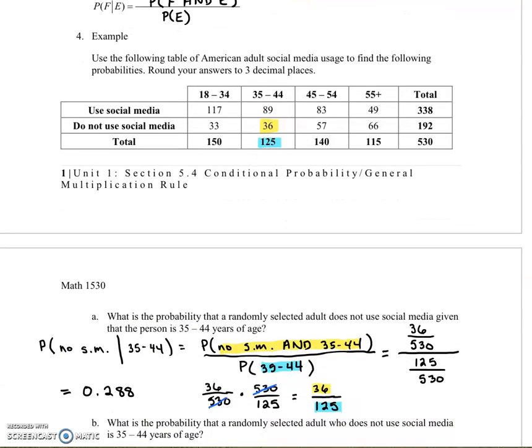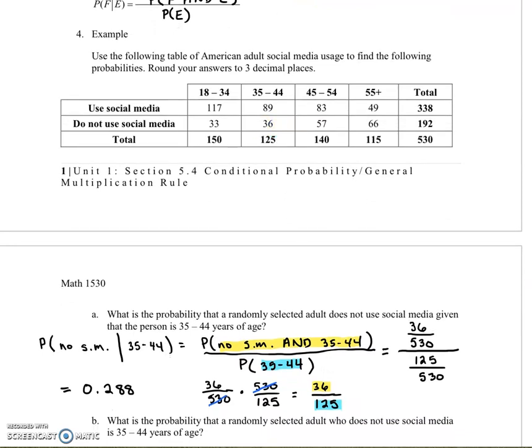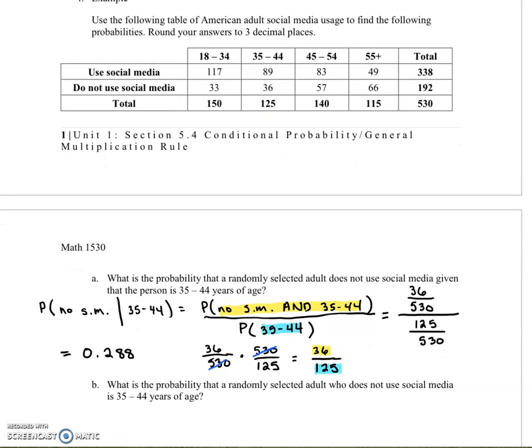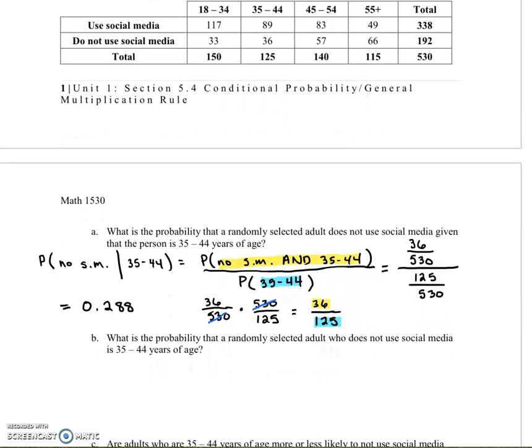So let's try another example. I'm going to erase our highlighters from the table so we can concentrate on this next one. Okay, so next we have: what is the probability that a randomly selected adult who does not use social media is 35 to 44? This wording is a little bit different than the previous problem.